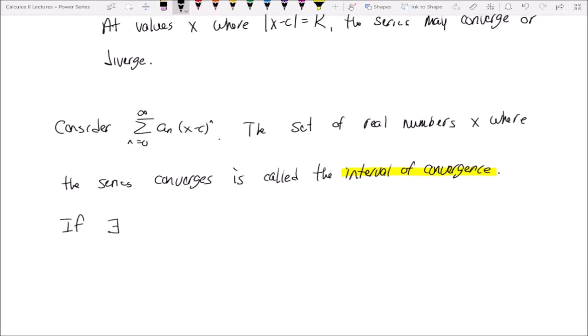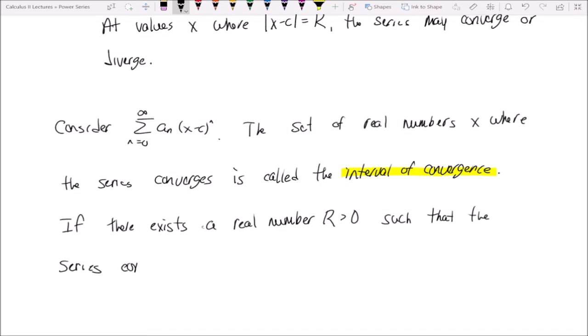If there exists, I'll write it out for you, a real number r larger than 0 such that the series converges for the absolute value of x minus c less than r, then r is the radius of convergence.